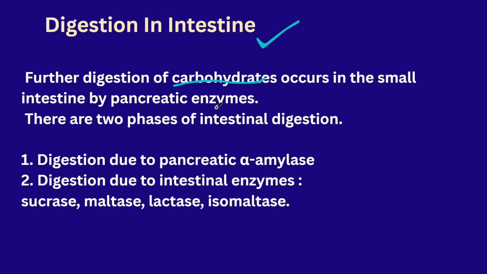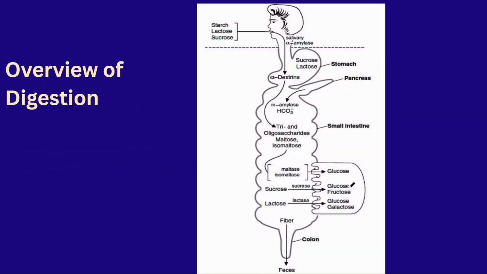In the intestine, the main process of digestion occurs. Here, there is pancreatic amylase and also sucrase, maltase, lactase, isomaltase. So these are the main enzymes present in the intestine. If we see the picture, we can understand easily. The food contains starch, lactose and sucrose. These all are present in our food. They will enter into the mouth. Here there is the enzyme salivary amylase.